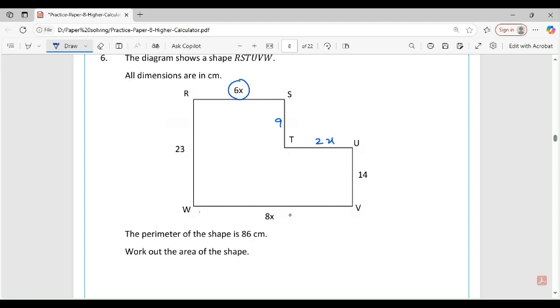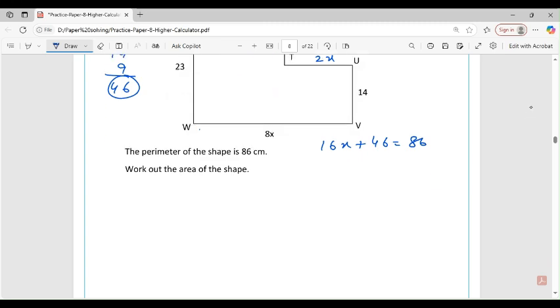So now we know very well that this 8x plus 8x is going to be 16x. And when 23, 14 and 9 are added, this should give you 46. So 46 plus 16x is giving you 86.